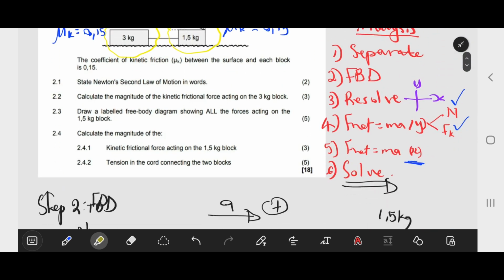Question 2.1, it says, state Newton's second law in words.